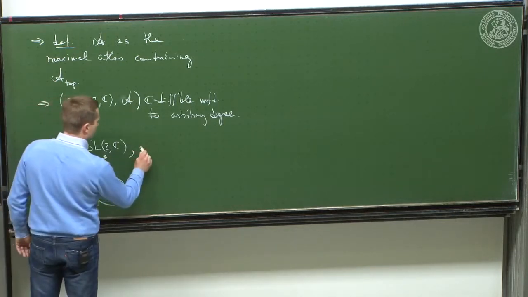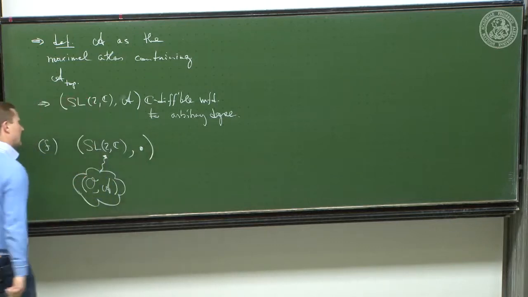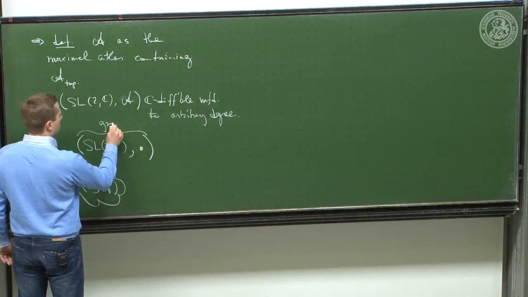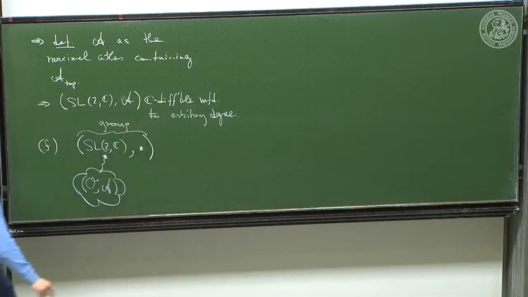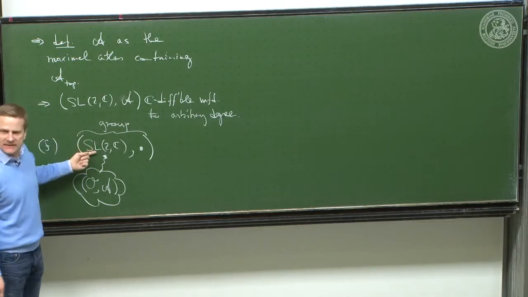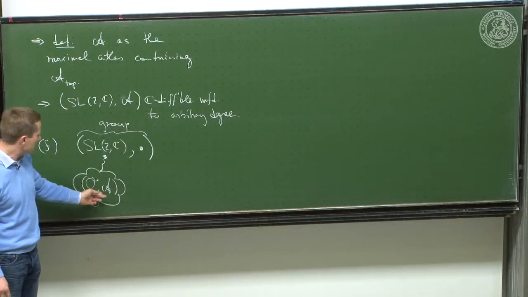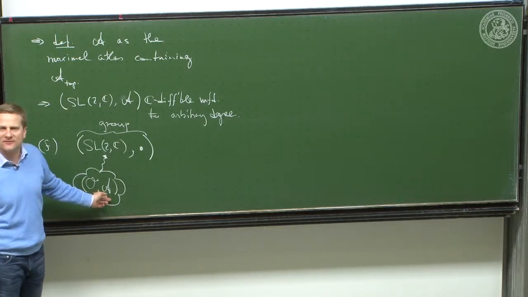We can take it and look at it together with the group operation, which we already know is a group. That was one of the first things we checked. But it's a group where the underlying set has been made by us into a smooth manifold.